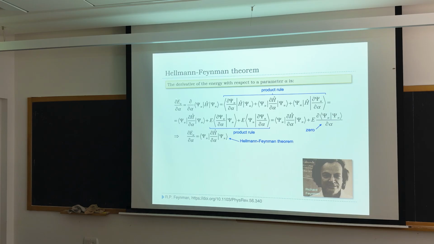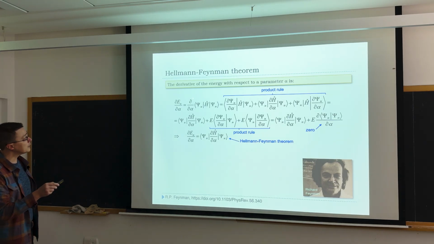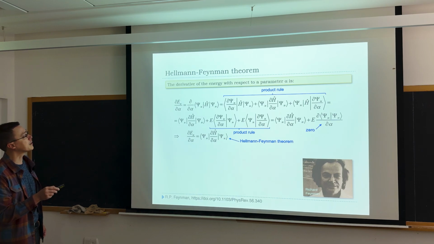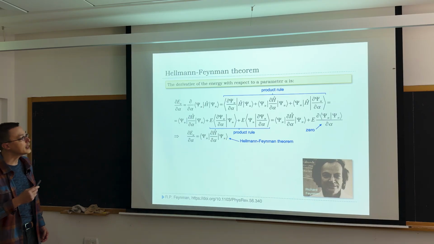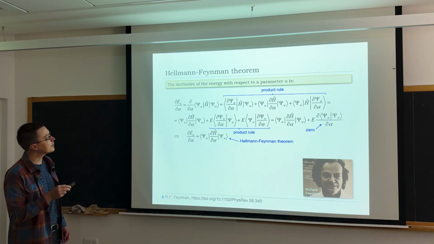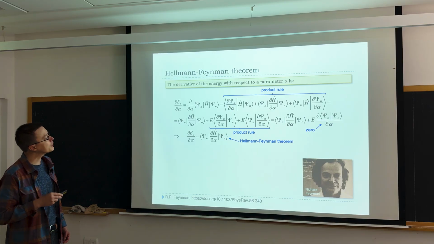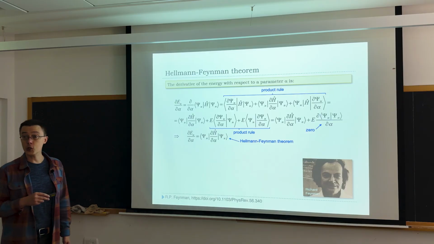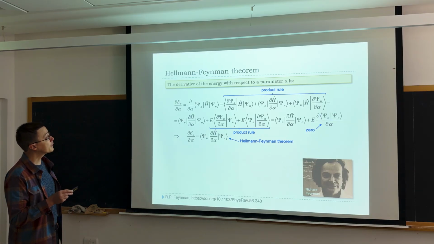D energy by D parameter is the derivative with respect to some parameter of literally the energy, right? So the energy of the nth level in a system is the expectation value of the Hamiltonian in the wave function of that energy level. Remember the product rule when you differentiate a product, in this case a triple product.